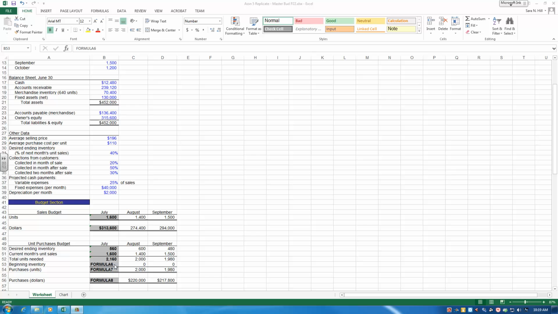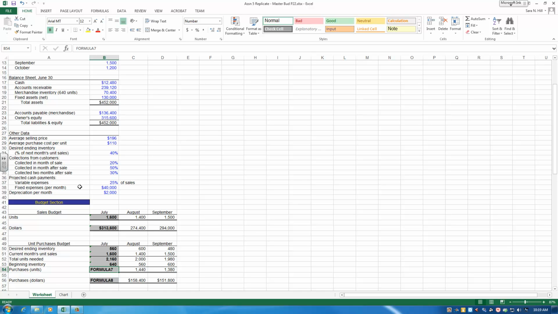So since I want to use formulas here, I'm going to type in my formula as equals B19 divided by my average cost per unit, which is B29. Get that same 640.